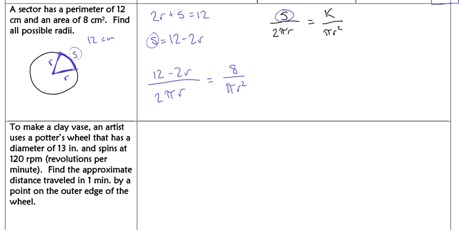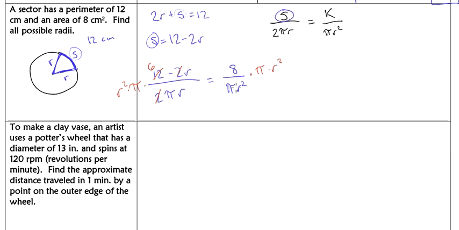First off, we can divide everything here by 2. So we have 6 minus r divided by pi times r. And over here we have pi times radius squared, nothing simplifying over there. So here, multiply each side by pi, and by radius squared.